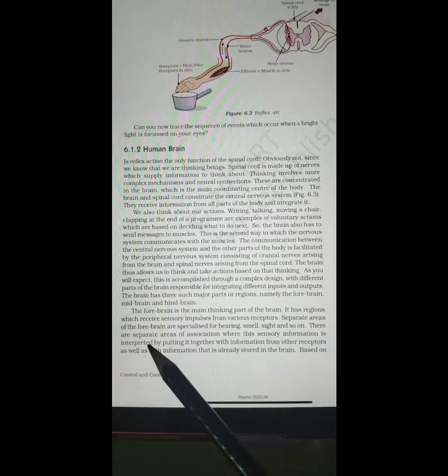It has regions which receive sensory impulses from various receptors. Separate areas of the forebrain are specialized for hearing, smell, sight, and so on. There are separate areas of association where this sensory information is interpreted by putting it together with information from other receptors as well as with information that is already stored in the brain.